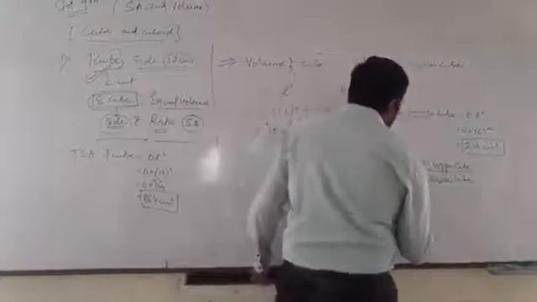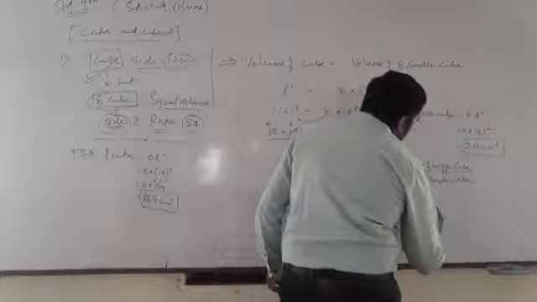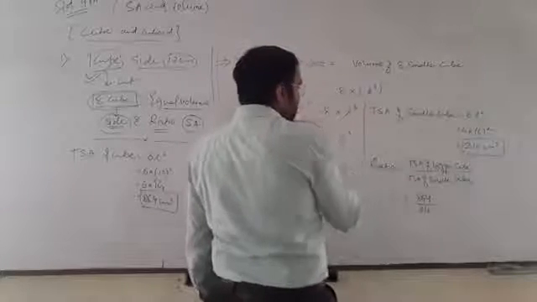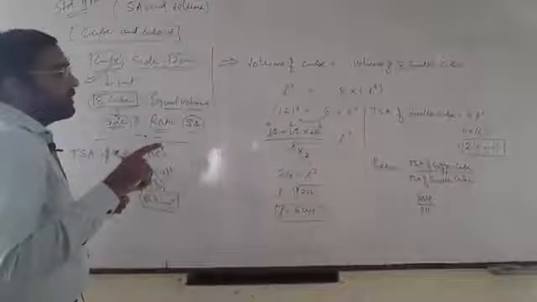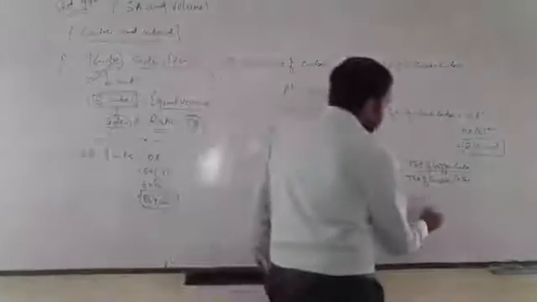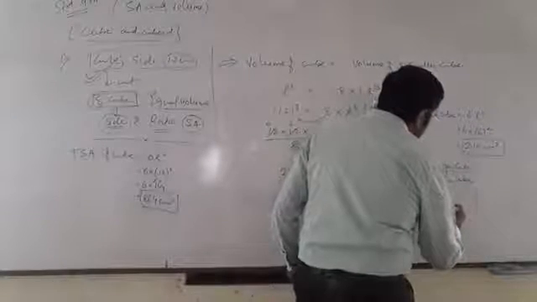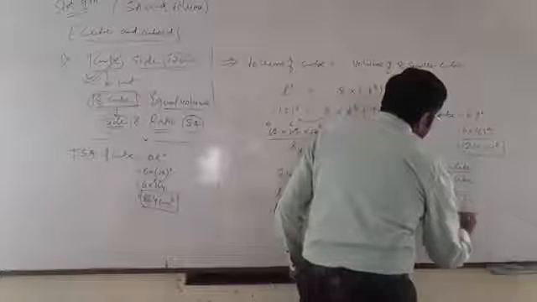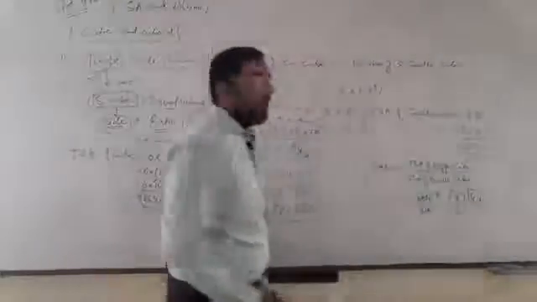So 864 is divided by 216. Now what is my answer? 216 4s are 864. So my answer is 4:1. My ratio is 4:1.